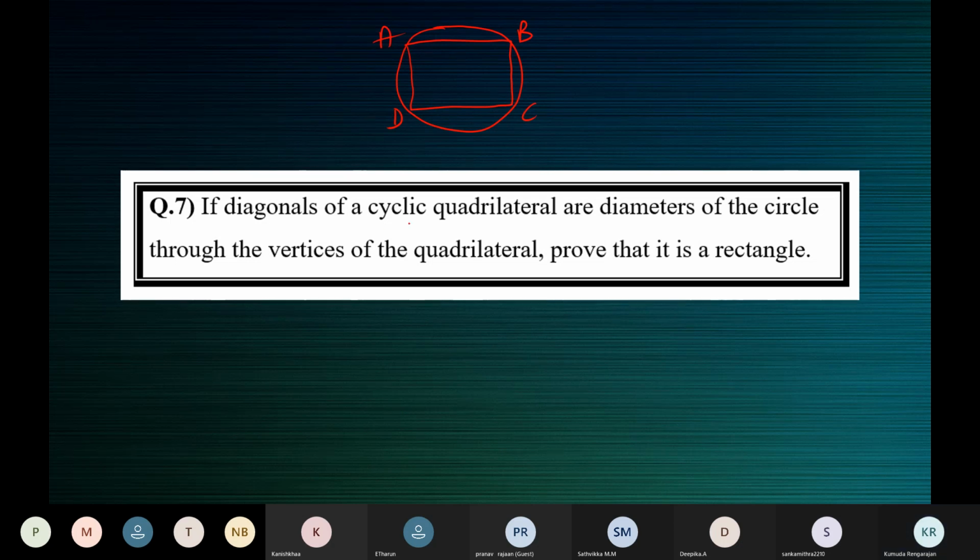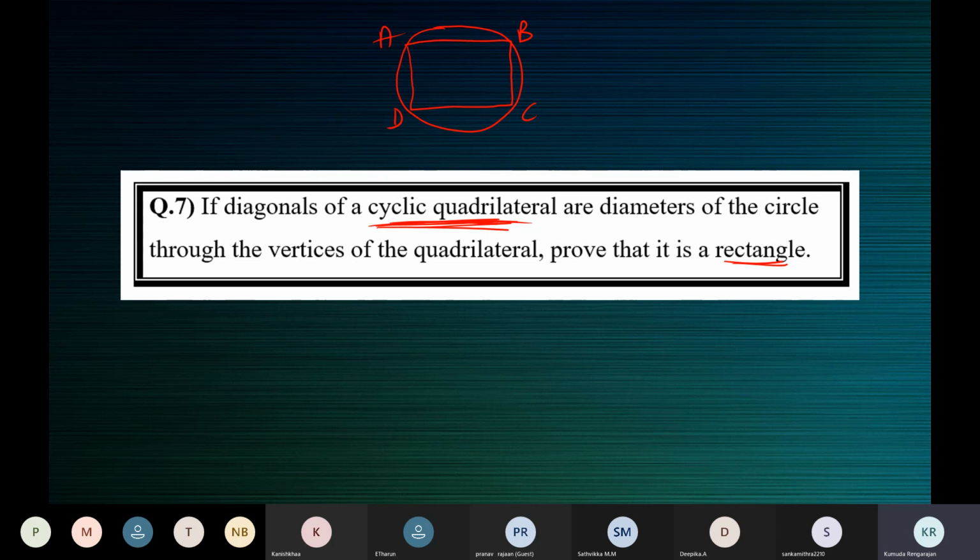You can see ABCD looks like a rectangle, but it's not a rectangle yet. ABCD is a quadrilateral, a cyclic quadrilateral, so we've also shown the circle.